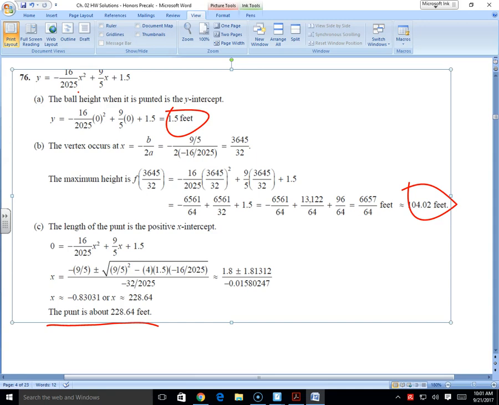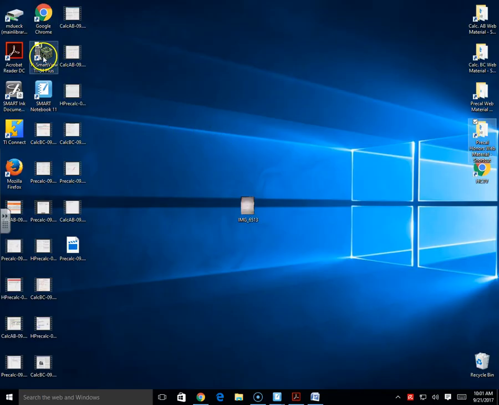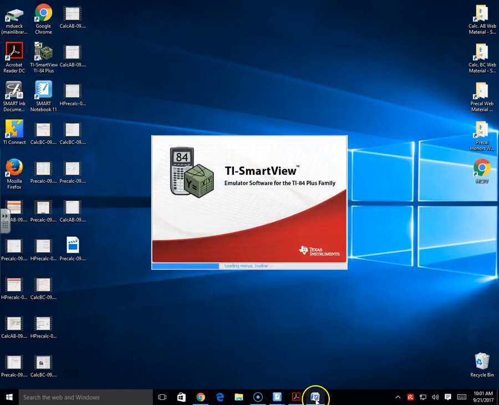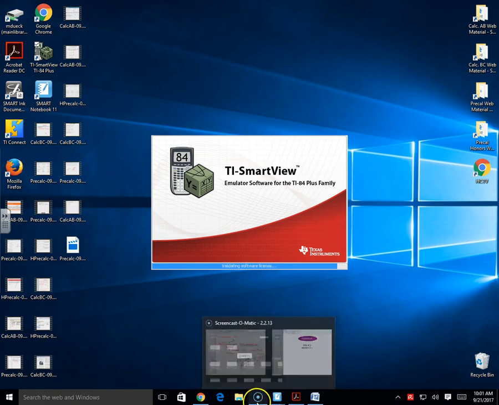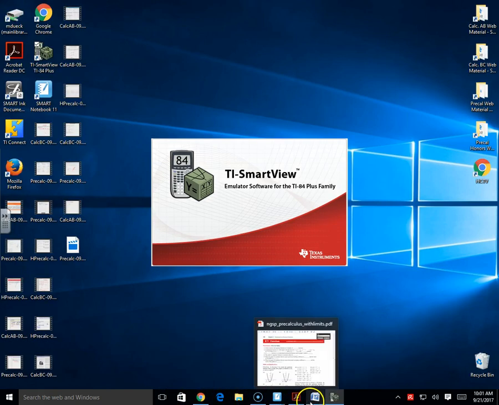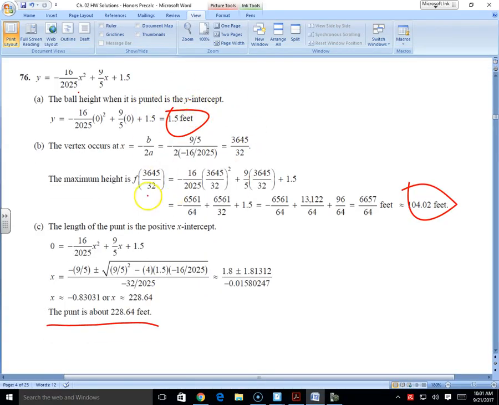Real quick, I had to actually remind calculus kids of this today, which is kind of lame, because they saw it in their pre-calculus graphing handbook. What's a fast way to plug in something to your calculator when you have to do it for a nasty equation like this one? Huh? You could still.